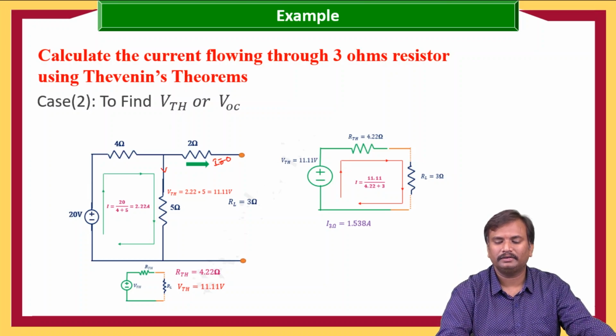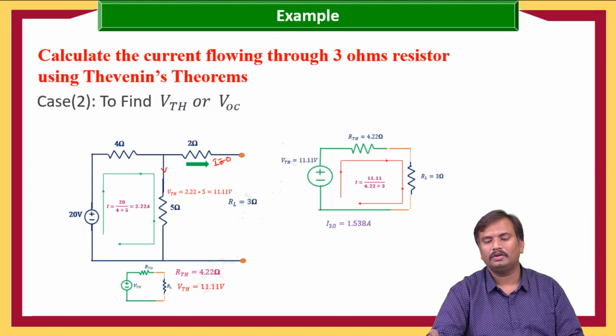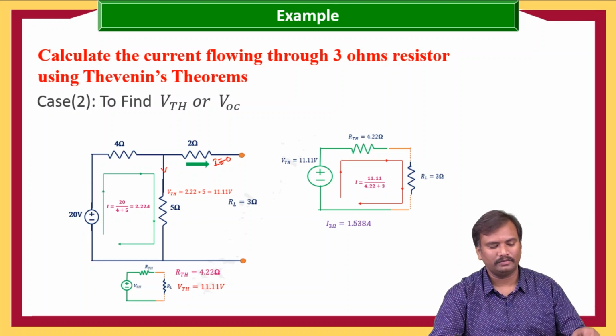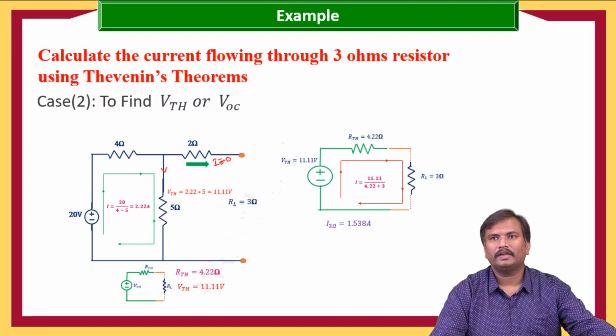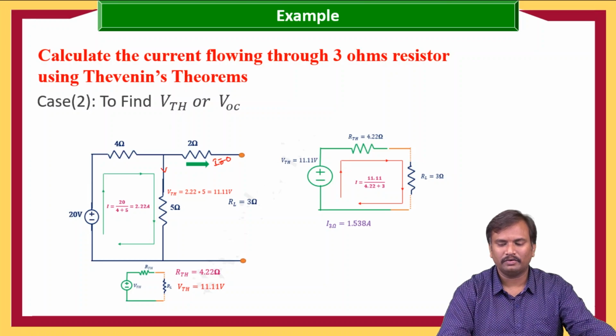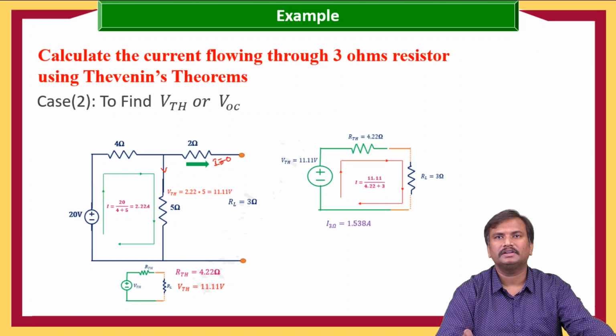When we connect the load resistance of 3 ohms, the current flowing through the 3 ohms is I 3 ohms, equal to 1.538 amperes. This is the way we need to calculate the VTH and RTH and the current flowing through the load resistance.